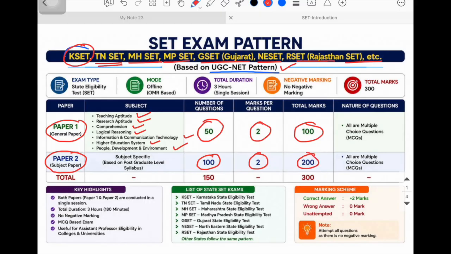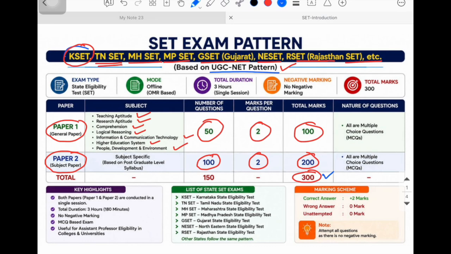So the total mark from paper 1 and paper 2 is 300. We have a total of 150 questions, each carrying 2 mark, and a total of 300 mark. All questions are multiple choice questions, in which one answer will be correct.